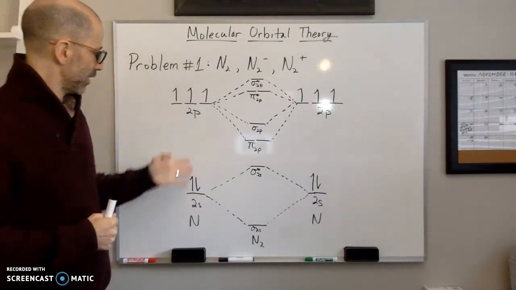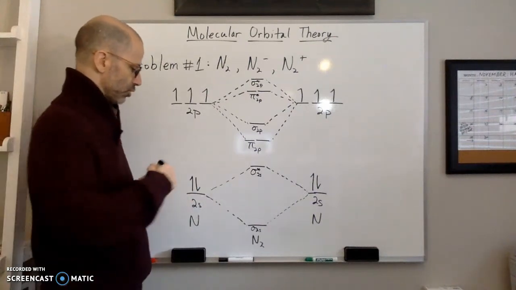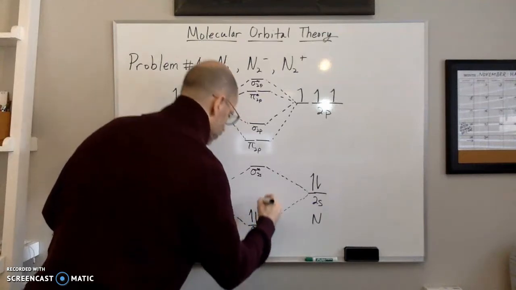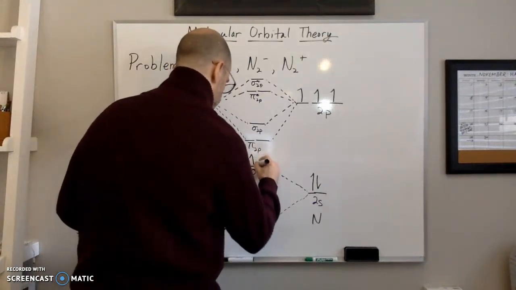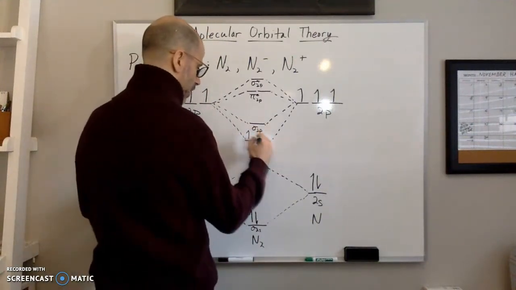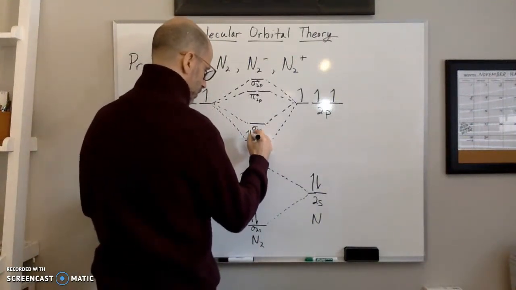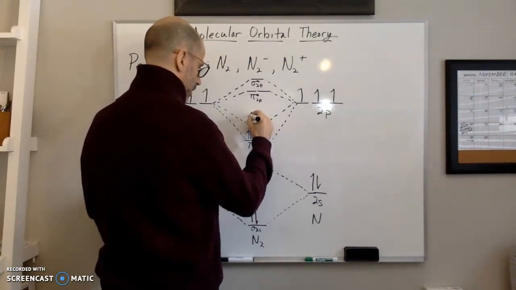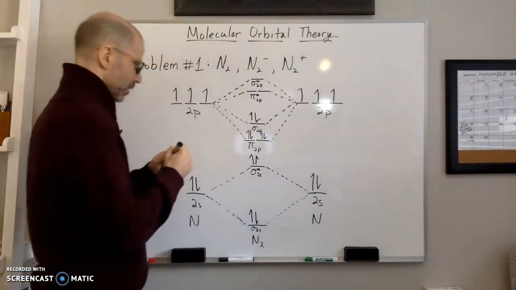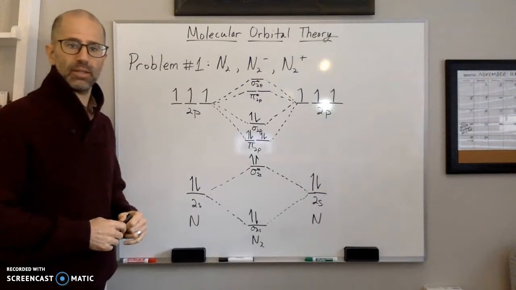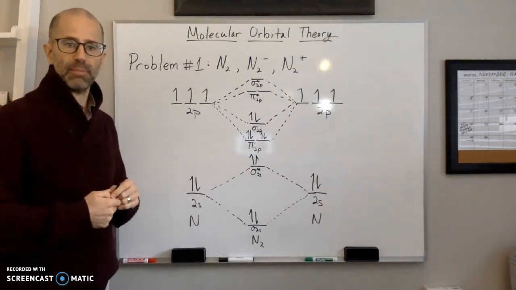When you add these together, we get 10 total electrons, so we're going to fill them in. We start here, 1, 2, 3, 4, and then Hund's rule, 5, 6, 7, 8, and then 9, 10. So from this we can determine different properties.